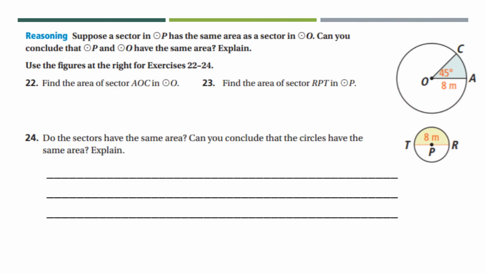Okay. This one I want you guys to attempt to do yourself. You can easily find the area of the sector for AOC, and you can find the area of the sector for RPT.